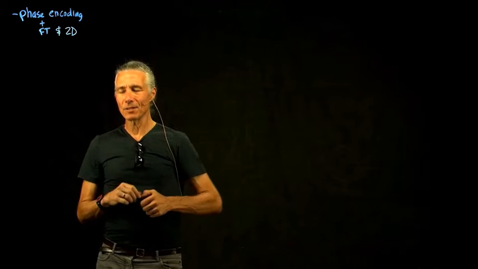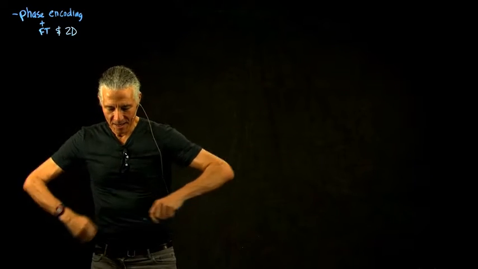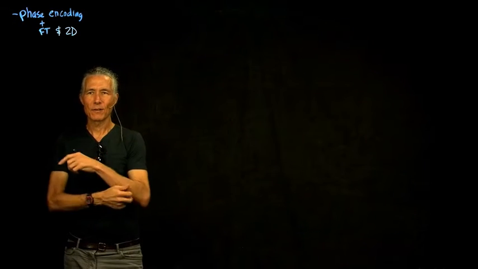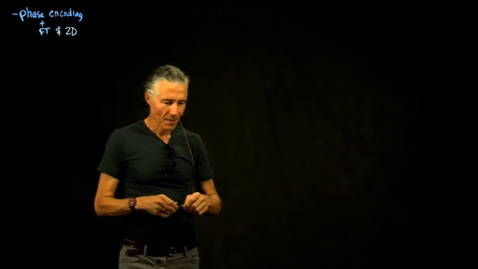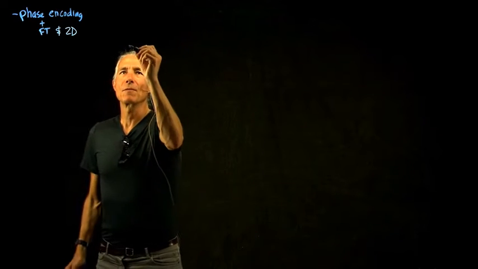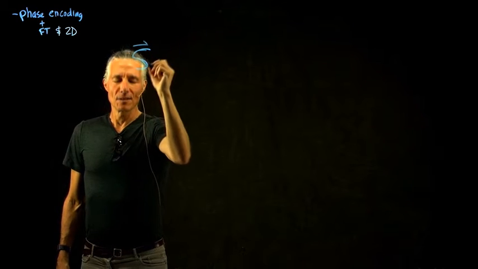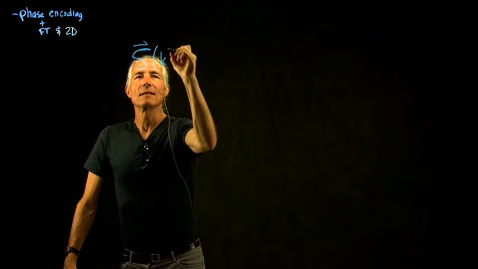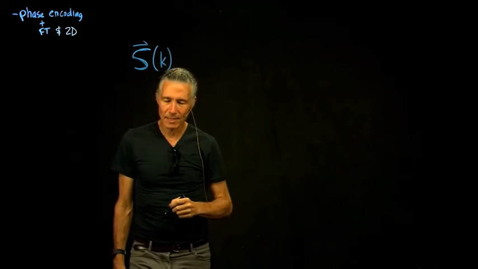But before I do that, I just want to go back over the Fourier transform equation one more time, just in 1D, to really pin down the relationship between the actual physical gradients and the Fourier transform. So the Fourier transform equation is, we have a signal, a complex signal, and that signal is a function of spatial frequency, so k is spatial frequency.